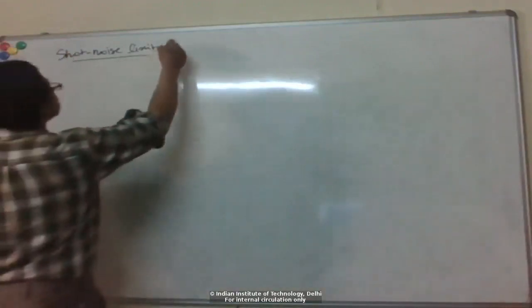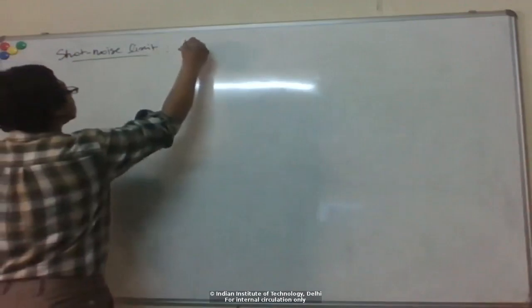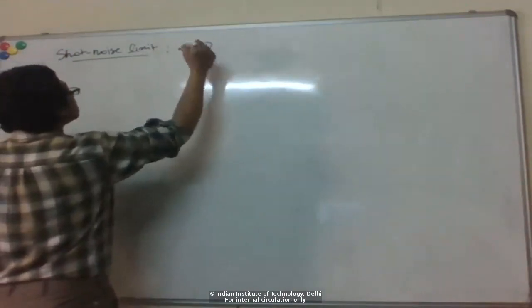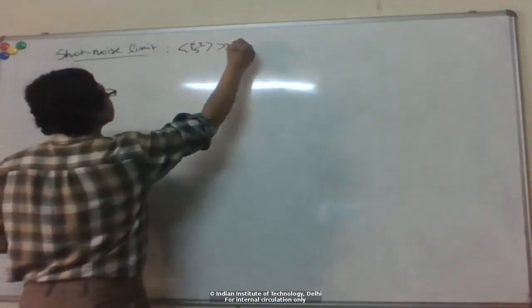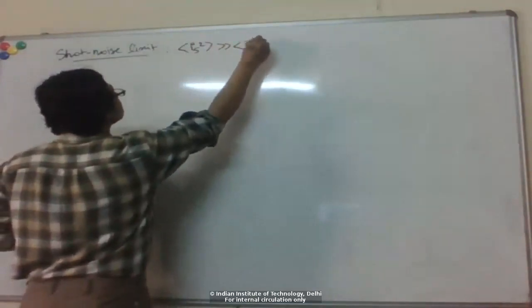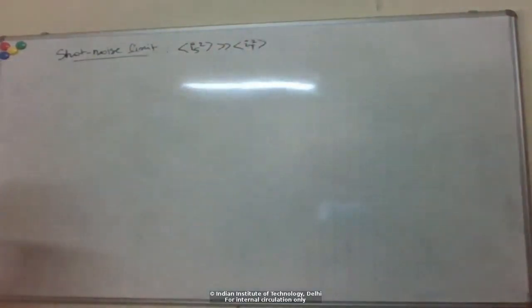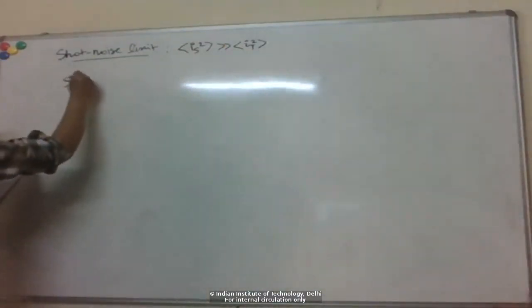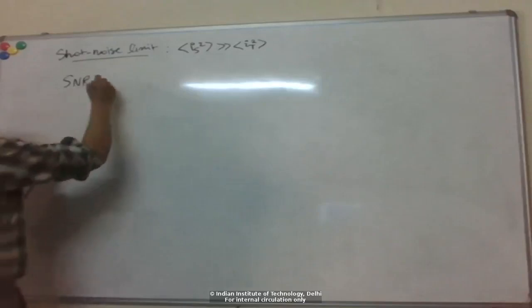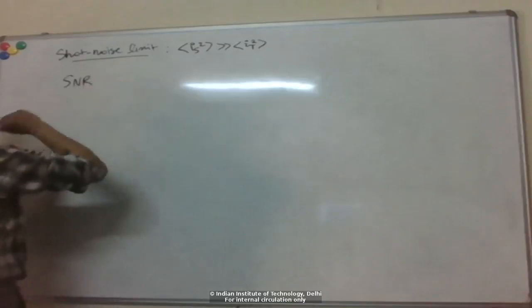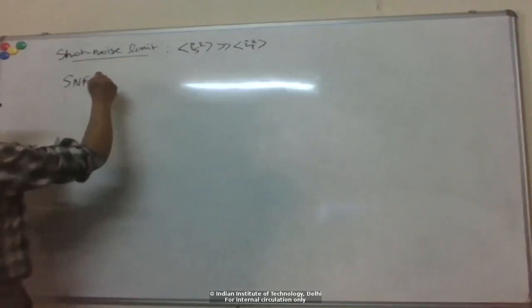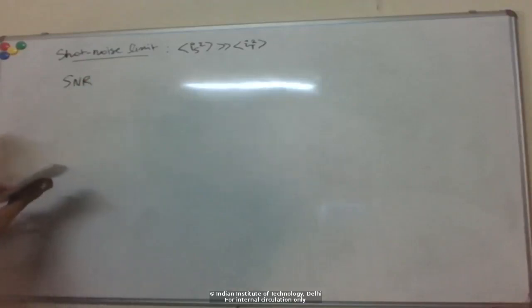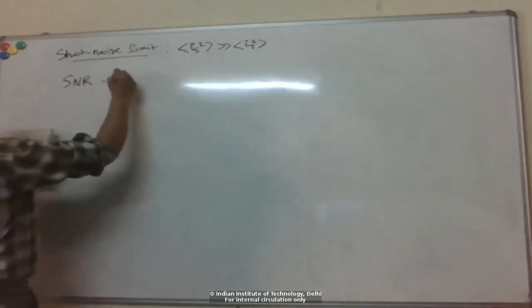Here we mean that the variance of the shot noise current is much higher than the variance of the thermal noise current. If we look at the expression of SNR that we had, and neglect the thermal noise current, maybe I'll write that complete expression first.